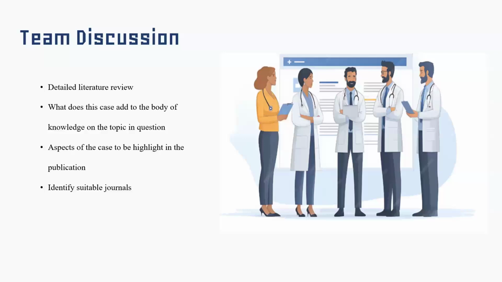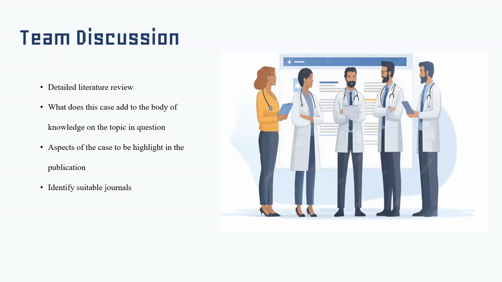This happens when we discuss with the team. To assure that the case is truly unique, you must review the literature to determine what it is going to add to the existing body of knowledge on this topic, or whether you use a novel intervention to treat or diagnose the patient. That is the whole point. What unique thing are you doing in that particular case, that is to treat or to manage that patient or to diagnose that patient?